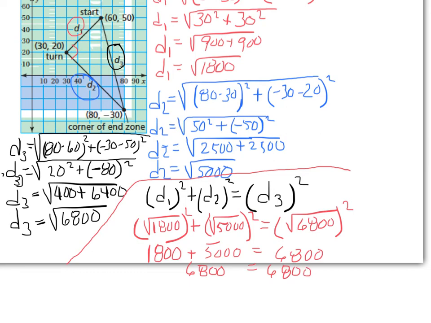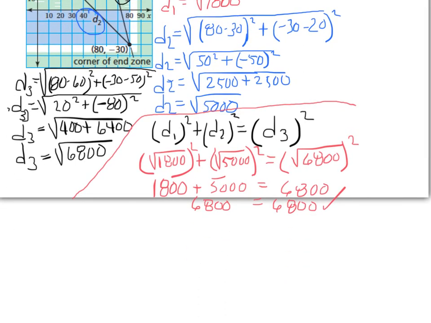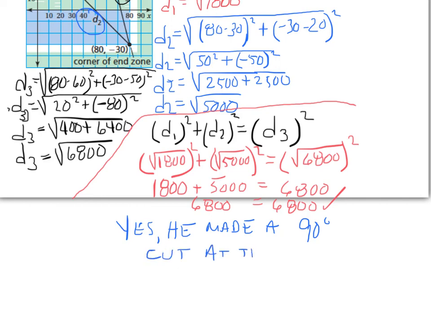So by the converse of the Pythagorean theorem, what that tells us, so we can give our final answer, is yes, he made a 90-degree cut at the 20-yard line.